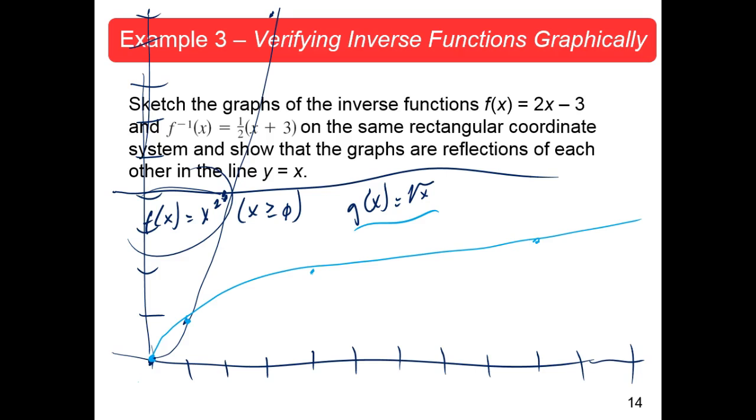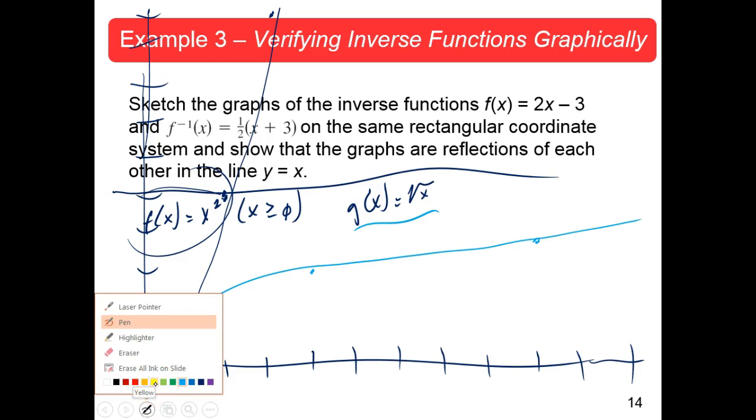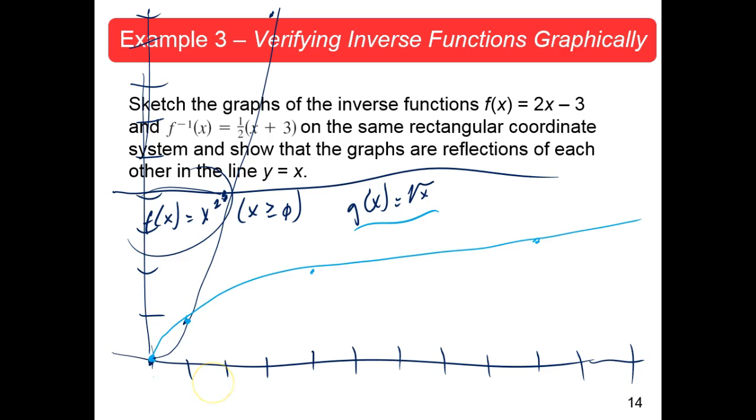Now give me another color. Almost a teal, isn't it? Let's do that purple. And it's going to be the 1-to-1 function. Give me some points on that one. The identity function. These are easy.